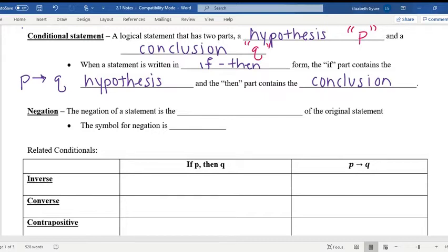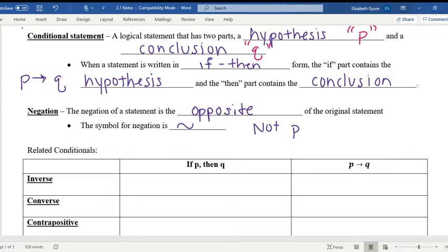A negation. So negation, think negative. A negation of a statement is the opposite of the original statement. The symbol for negation is just a squiggle. So this means like not P. So not your hypothesis.